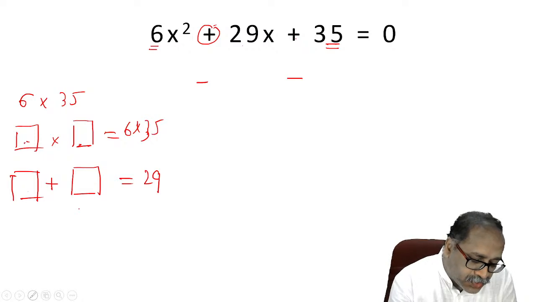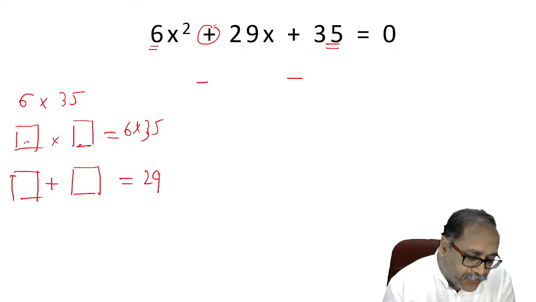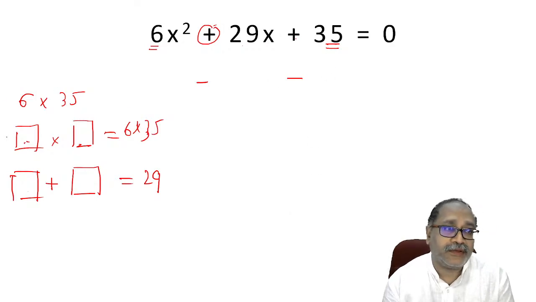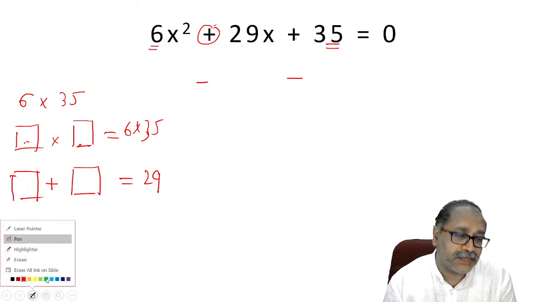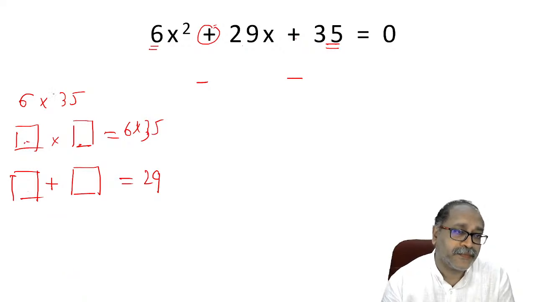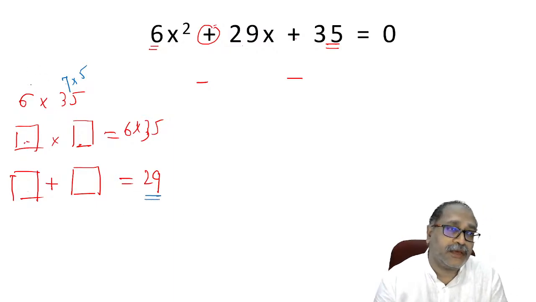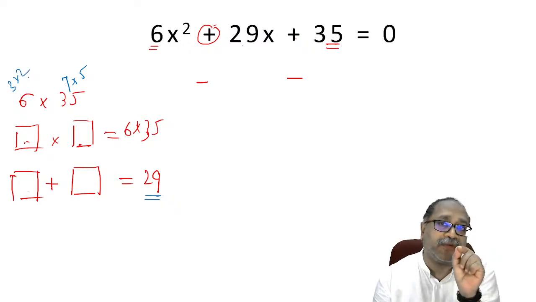What are the values? Can anyone put the value of it? I will first try to write this as, I can see your comments, my friends, 7 into 5. I need the sum 29. And here I can write 6 as 3 into 2. I am breaking the number into prime factors.